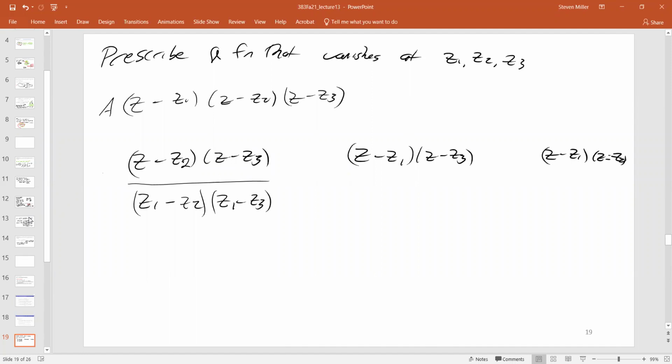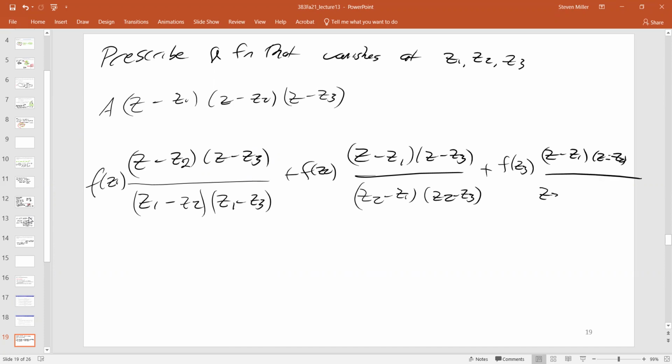So I could just put in f of z1, and then similarly, f of z2 times z minus z1, z minus z3 over z2 minus z1, z2 minus z3, and then f of z3 over z3 minus z1, z3 minus z2. And so now not only do I have a function that vanishes at prescribed points, it takes on the values I want to. And I can write it down very explicitly. So I can give you a function that takes on the 3 values.